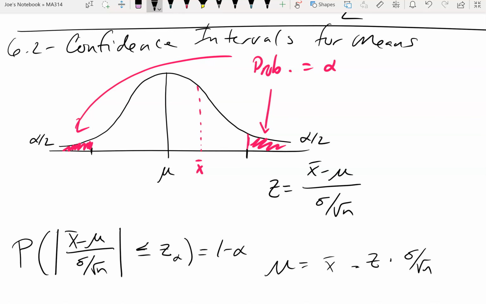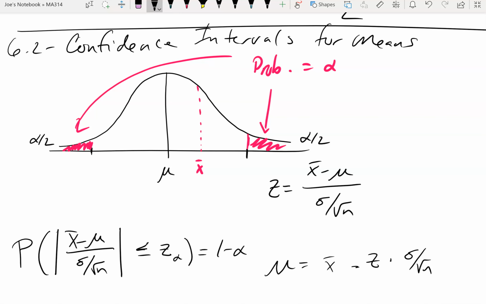That's what the alpha is representing. The 1 minus alpha is actually how we state that. So if I want to make sure that 95% of the time I find an interval that should contain my mean, that's a 95% confidence.